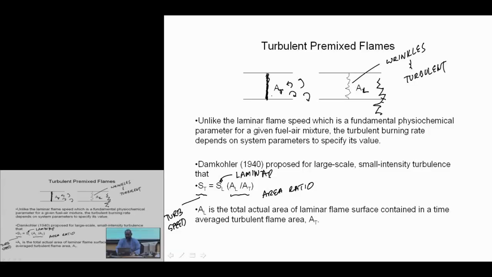And so when I have A_L over A_T large, the first thing that may have come to mind is that maybe it's a fractal description, and that's exactly right. So one model for this is a fractal flame propagation model, like the coast of Norway.